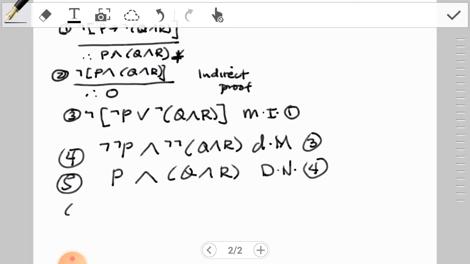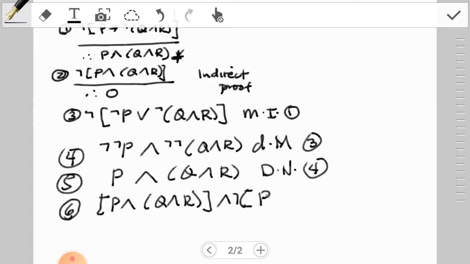So there you have the contradiction. So if we now combine the two, we get P and Q and R and not P and Q and R.